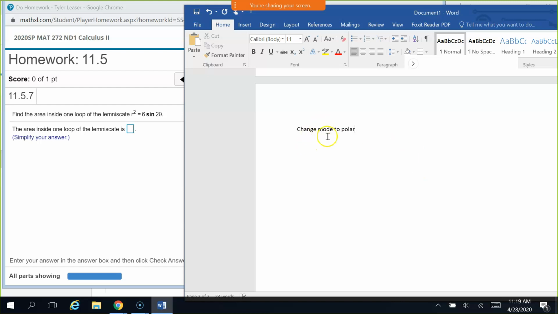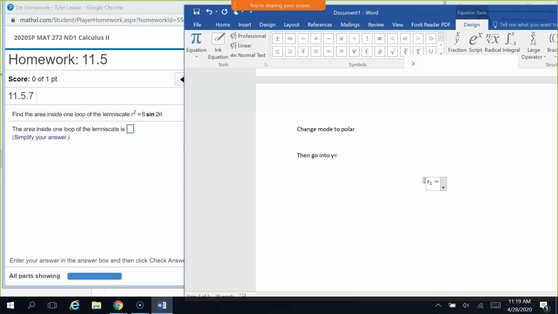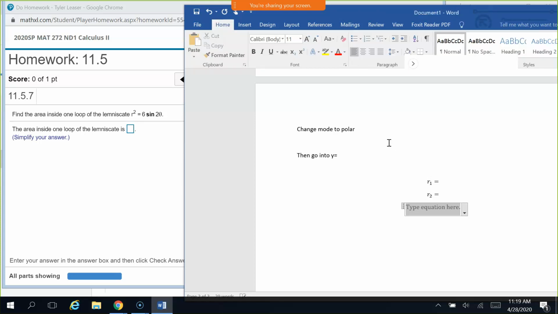Just go into the mode button of the calculator and you'll see polar somewhere there. Just select it. Then go into the y equals button, and there'll be r's instead of y's everywhere. So r1 equals something, r2 equals something, and so on.